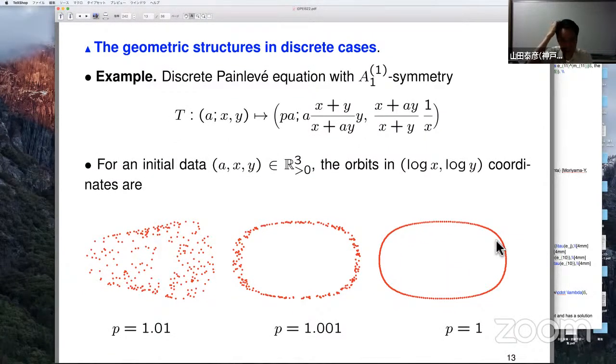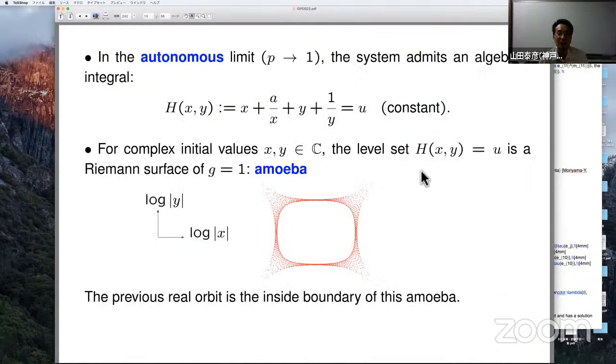This shows that this mapping has an integral curve when P is 1, namely in the autonomous case. So in fact, we have an algebraic conserved quantity when P equals 1.